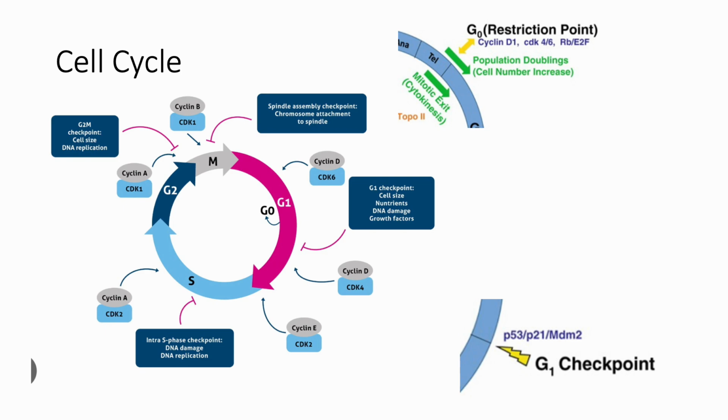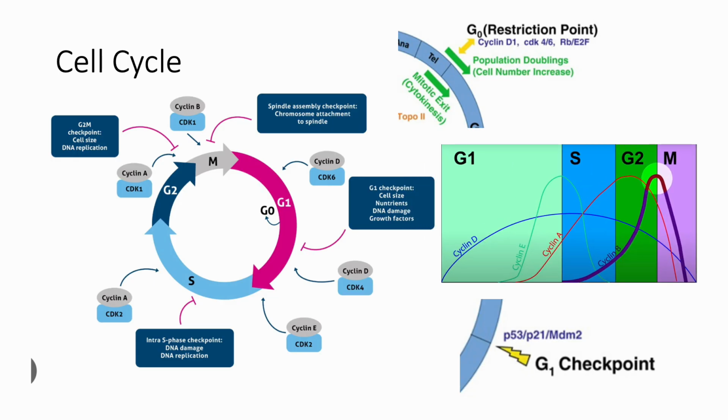After the G0, G1 phase, cells go to the S phase; from S to G2 phase, cells are checked for cell size and DNA replication. From G2 to M phase, the cells are checked for chromosomal and spindle attachment.